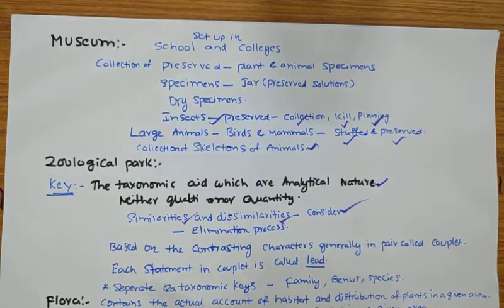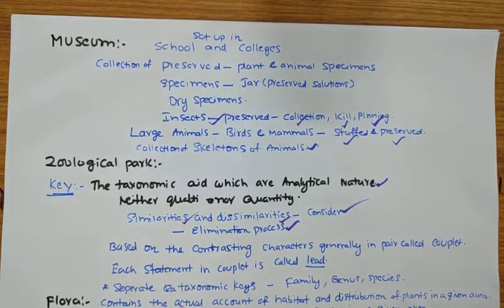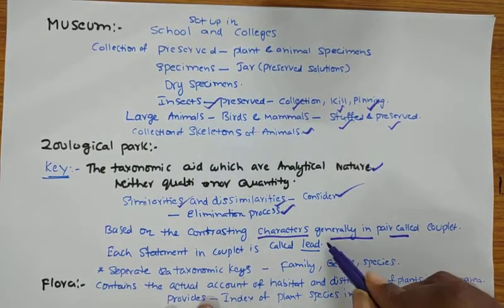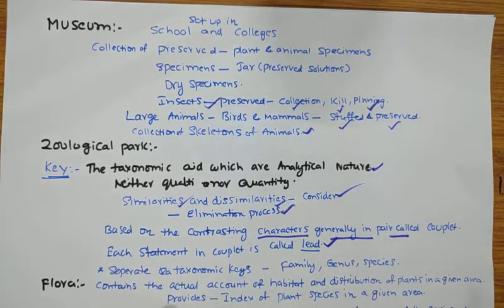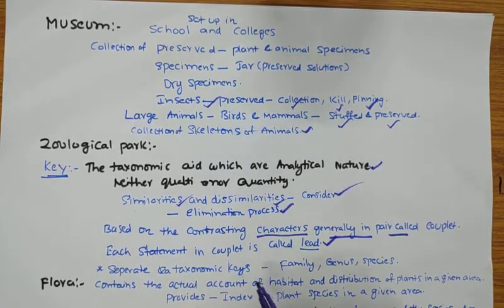New plants can be identified by the elimination process, based on contrasting characters, generally in pairs called a couplet. Each statement in a couplet is called a lead. Remember that one. Separate taxonomic keys are there to identify families, genera and species.